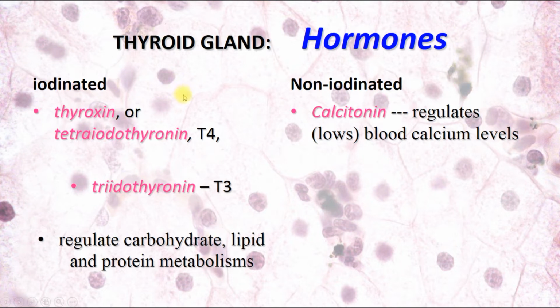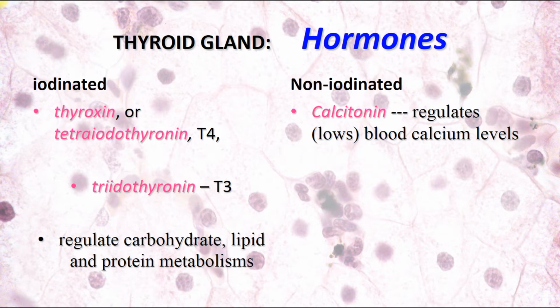Iodinated hormones are thyroxine or tetraiodothyronine, T4, and triiodothyronine, T3. They contain different numbers of ions of iodine, 4 or 3, and that gives their names, T4 or T3. They have similarities in their functions and synthesis. They regulate carbohydrate, lipid, and protein metabolism, so they activate all kinds of metabolism.